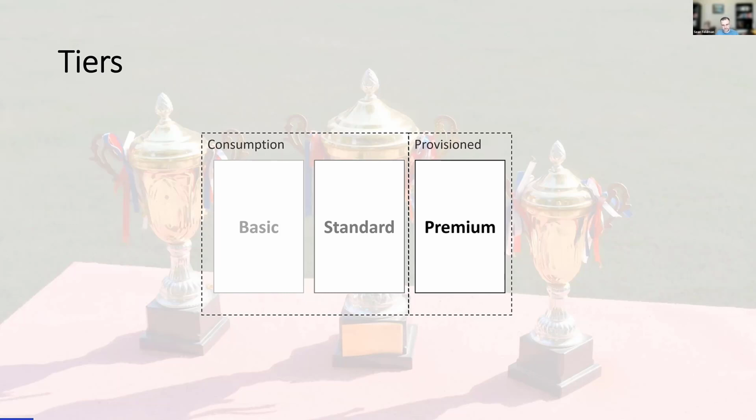Now, premium, we're going to talk about premium later. This entire talk is going to basically talk about features that are available on both consumption and premium or provisioned tiers. Now, it's kind of interesting because over time, Service Bus has evolved, especially the broker side.